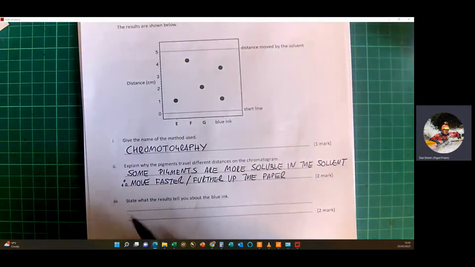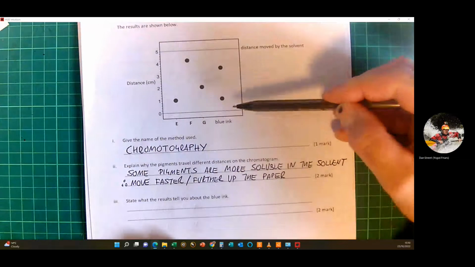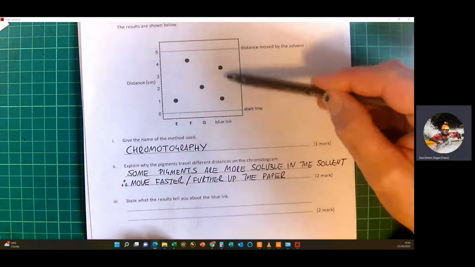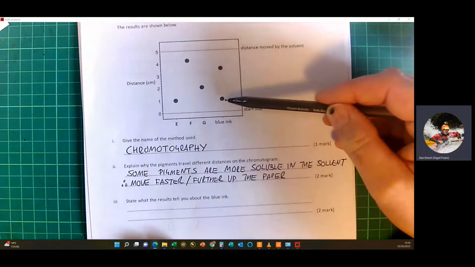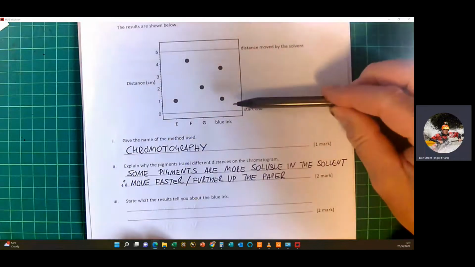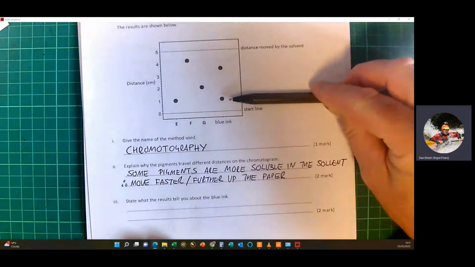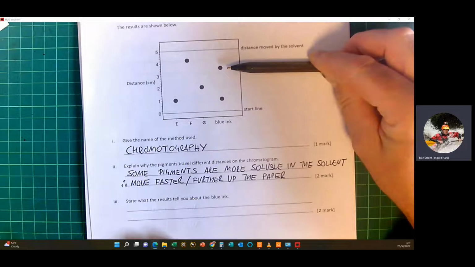And then state what the results tell us about the blue ink. Okay, so these are 3 known pigments, and this is a blue pen. And the idea of this particular experiment would be to discover which pigments were present in the blue pen. And so we can see, if we look across the chromatogram, the blue ink does contain pigment E, but it also contains this pigment here, which doesn't match any of the others.